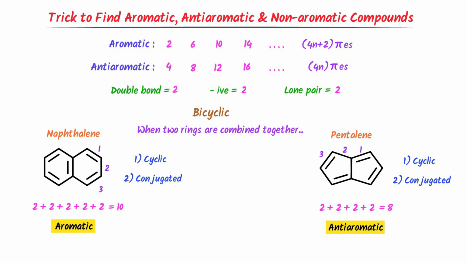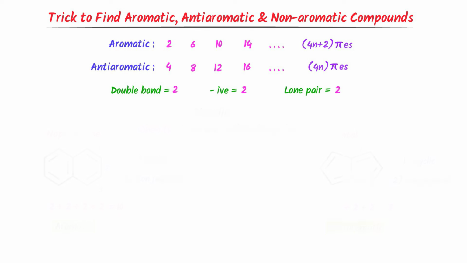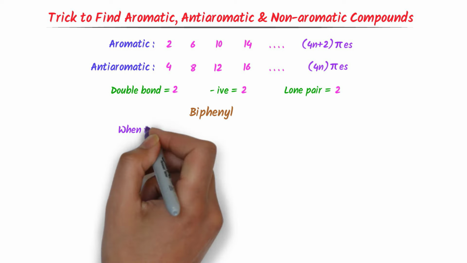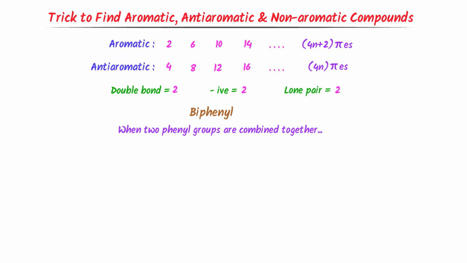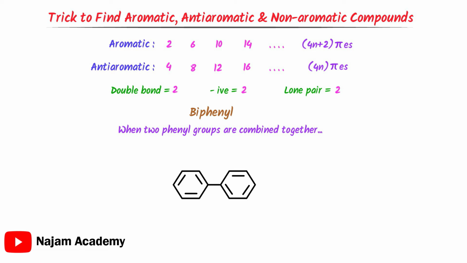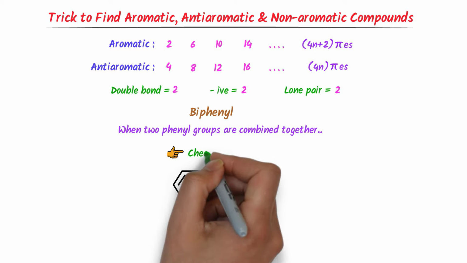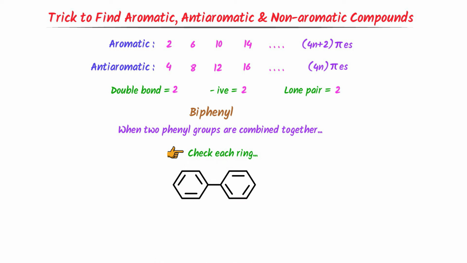Now we will learn about aromatic and anti-aromatic compounds in biphenyl organic compounds. Remember that biphenyl organic compounds are those compounds in which two phenyl groups are bonded together. For example, consider this biphenyl organic compound. In case of biphenyl, we will individually check each ring, whether it is aromatic or anti-aromatic. In case of this ring, it is cyclic and it is conjugated. It contains 3 double bonds.